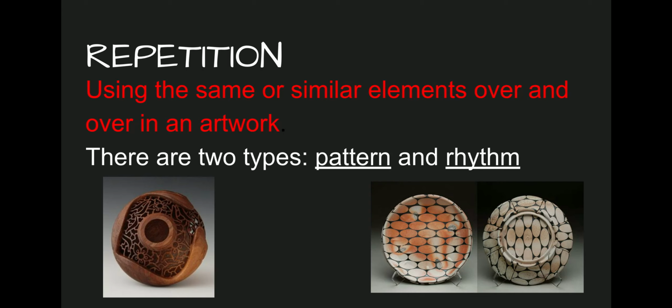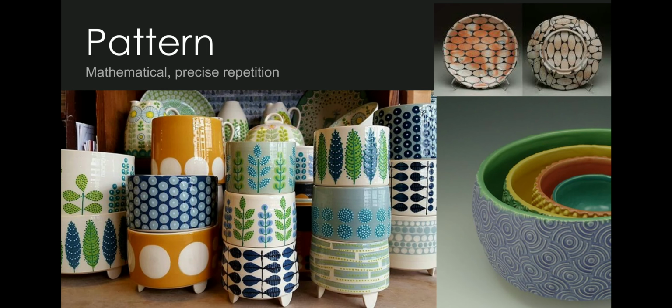Our first principle of design is repetition, and that is using the same or similar elements over and over in an artwork. There are 2 types or 2 categories, and one is pattern and the other one is rhythm. Pattern is mathematical and precise repetition, meaning that you can measure out and predict what the next repeat of the pattern is going to be.